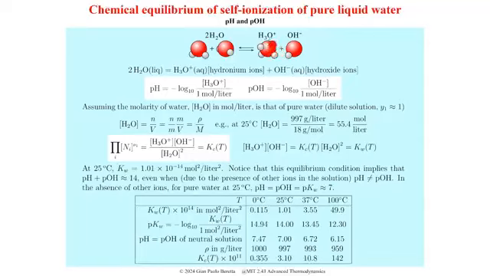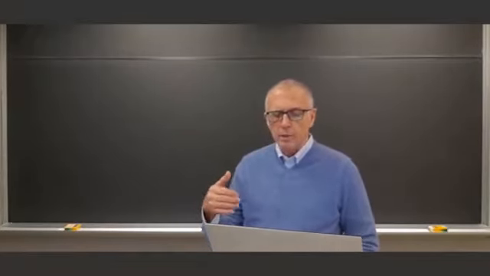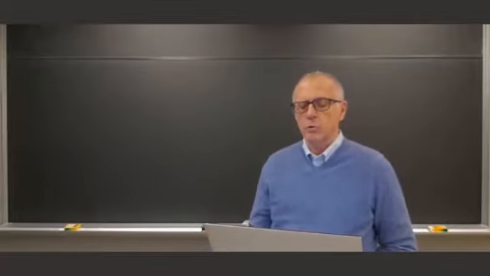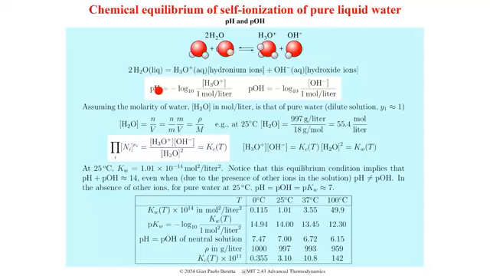And as you know, the abundance of these ions defines the scale of acidity of an aqueous solution. In fact, what we call pH is minus the log base 10 of the concentration of the H3O plus ions. And sometimes you call also pOH minus the log of this concentration.